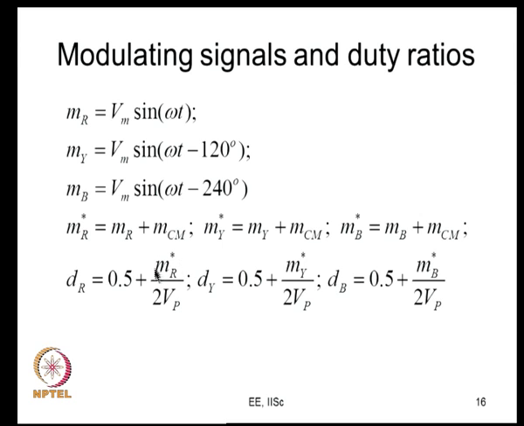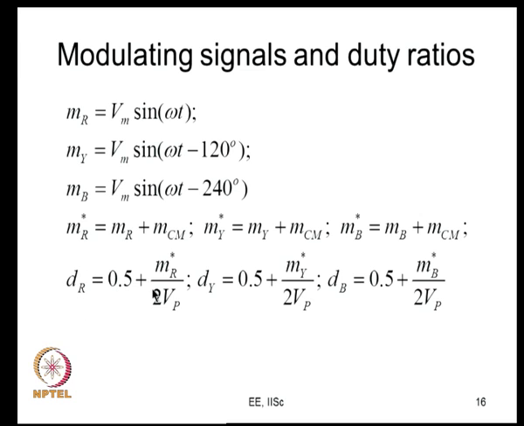Let us say MR star is equal to Vp, then MR star by 2 Vp is 0.5, 0.5 plus 0.5 is 1. Let us say if MR star is 0, in that case dr is 0.5. Let us say MR star is minus Vp, in that case this is 0. So, for MR star going between minus Vp to plus Vp, dr goes between 0 and 1. So, this is level shifted here.